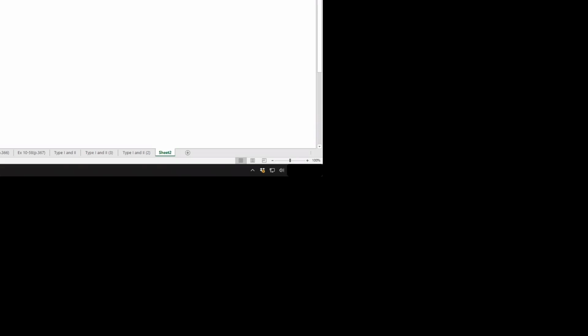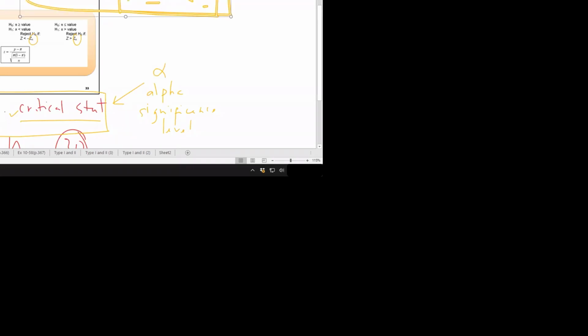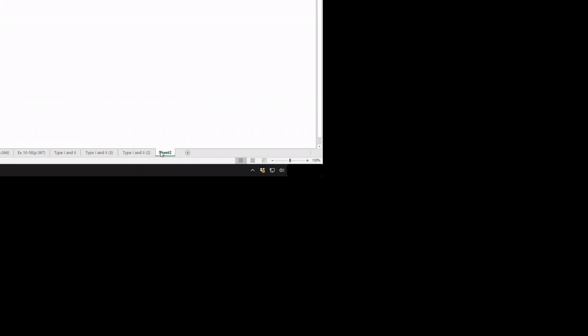So what is a p-value and alpha then? What are they? Well, if you note here, alpha of 0.05 is an area, right? In fact, it's the area of the rejection region.